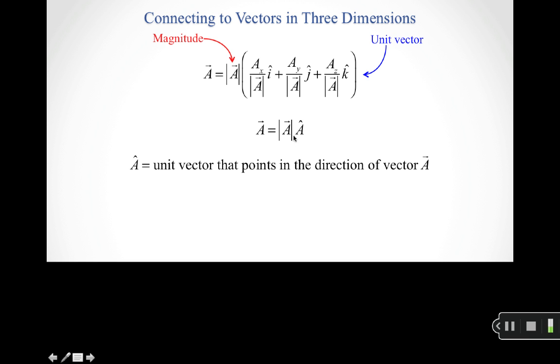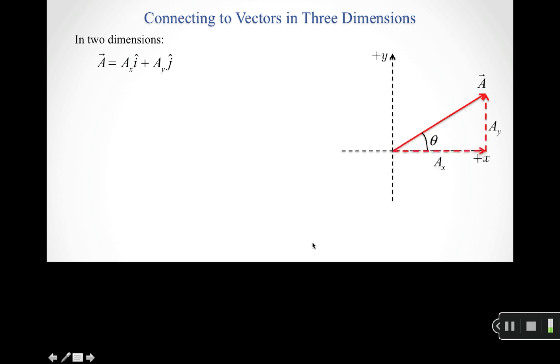So vector A is nothing more than whatever its magnitude is times the unit vector that points in the direction of vector A. So we know, hey, what do you need to make a vector? You need a magnitude and a direction. And so this way of thinking about vector A is useful because it's basically giving us those two pieces.